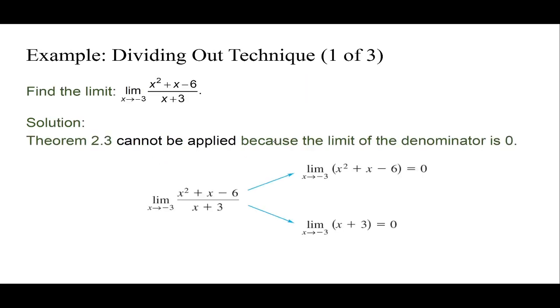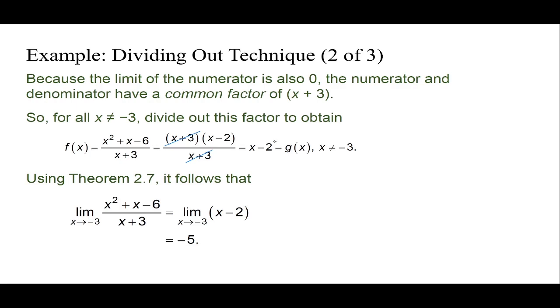So for finding the limit of this type of function, we need to simplify. We need to find the factors on the top. In this case, it's x plus 3 and x minus 2. And there is x plus 3 on the bottom. So we can cancel the same factor, and the leftover would be x minus 2. Now we can find the limit of this simplified form when x approaches -3. Just plug x equal to -3 into x minus 2, and that will give you -5.